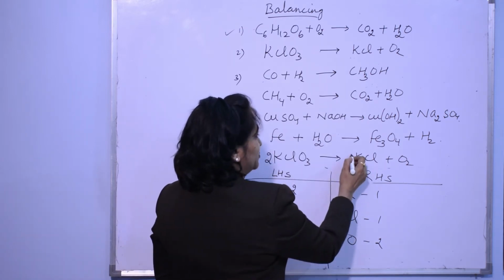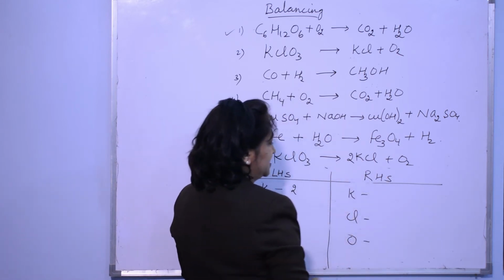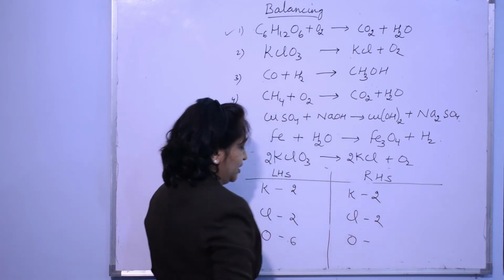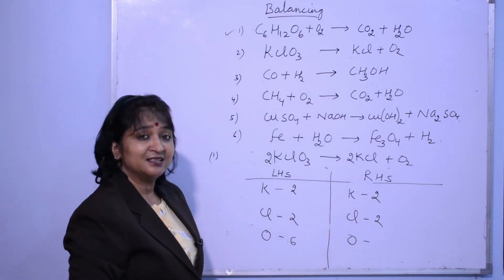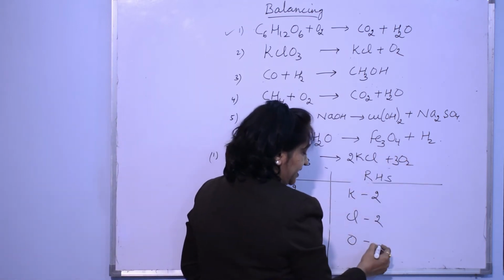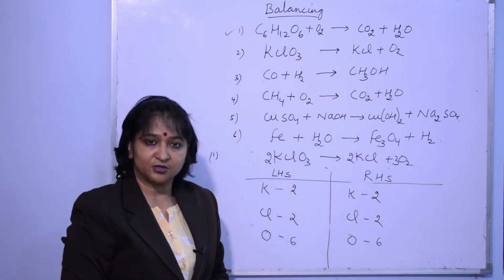Likewise, you will have to make 2 over here. When you make this 2, now what are the changes? Potassium is 2, chlorine is 2, oxygen you need 6. So how will you make it 6? You will multiply here by 3. So this becomes 6. The reaction is balanced.